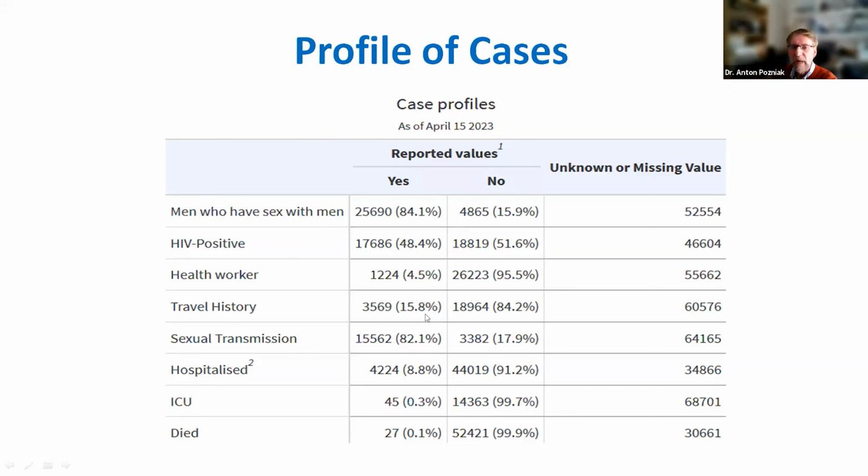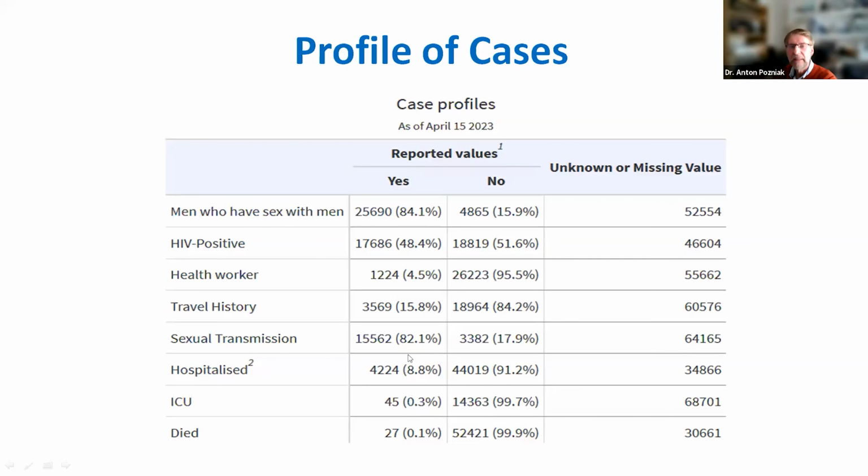Travel history as well has been important, but a lot of people do travel, and it could be that you've still got it in the country of your origin, although you've got a history of being on holiday somewhere where it's common. Sexual transmission, 82%. But as I say, very few hospitalized, very few get into an intensive care unit, and very few have died.